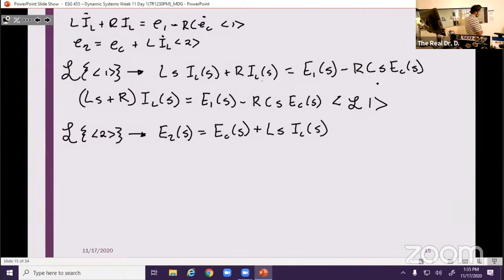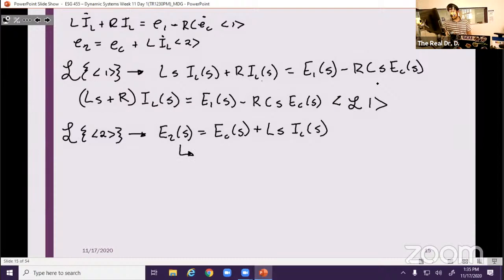Okay, so what should I do now? Well, I want one equation in terms of I_L. So I'm going to solve equation 2 for E sub C and plug it into equation 1.